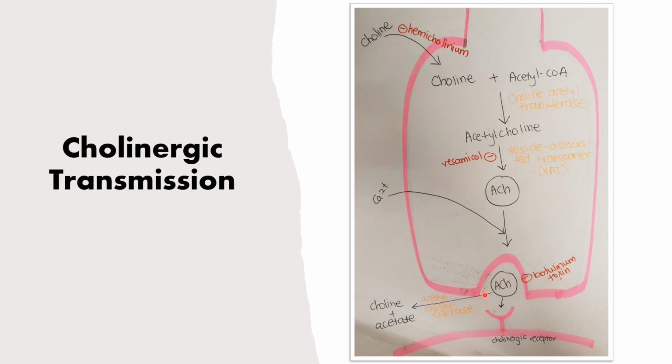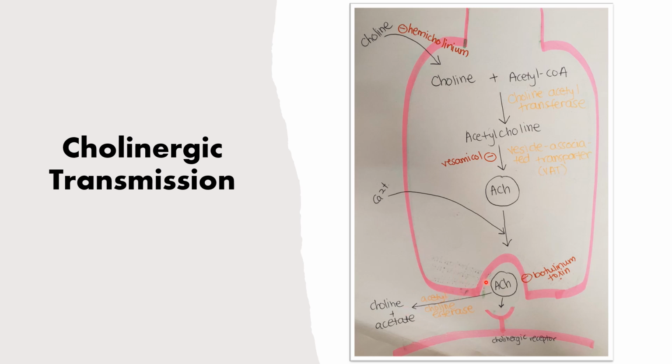Okay, so when our acetylcholine, our little guy here, gets outside of the axon terminal into the synaptic cleft, two things can happen. Acetylcholine can bind to the cholinergic receptor right here. It could be on another neuron, for example, and trigger a cascade of reactions there, or it can be broken down by acetylcholinesterase.